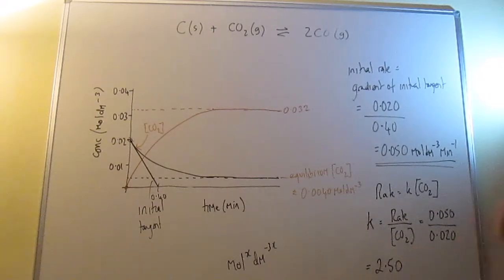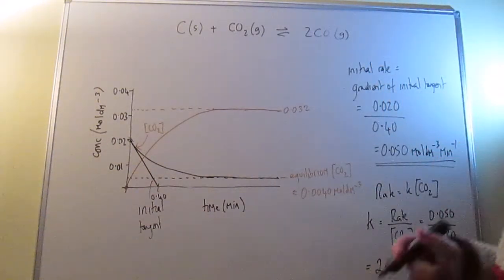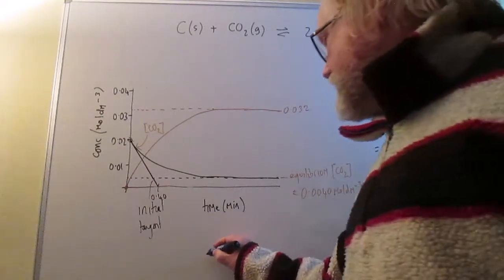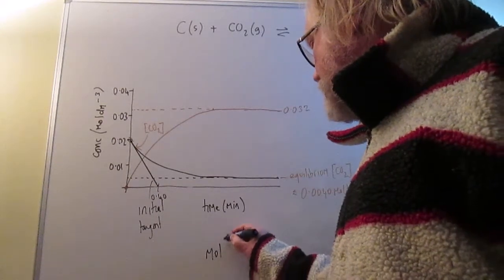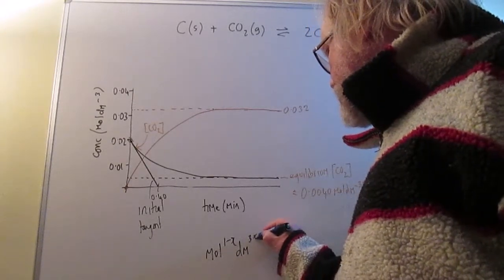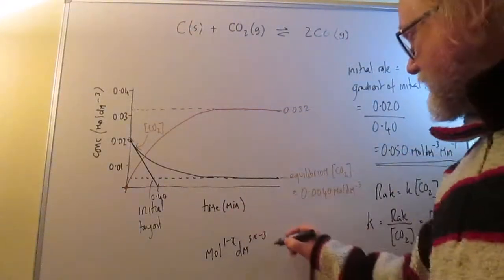And again, you have to think about what the units should be. So units for K, remember, you work out the overall order of reaction, which in this case is just first order, because that's the only term in it, and the units are moles to the 1 minus x, dm to the 3x minus 3, usually seconds to the minus 1, but we're working in minutes.